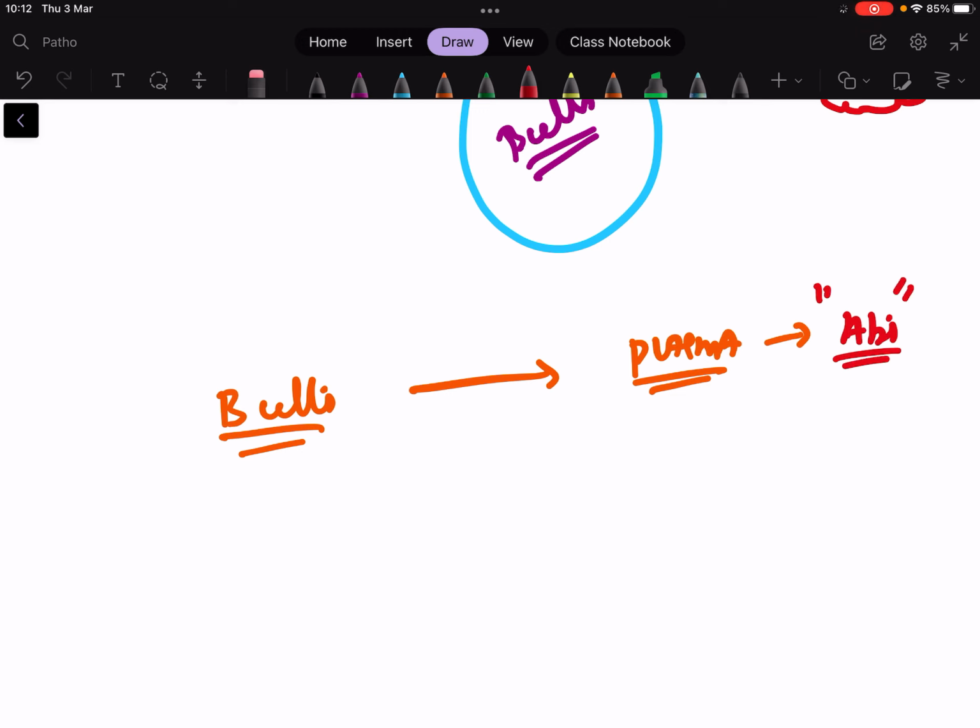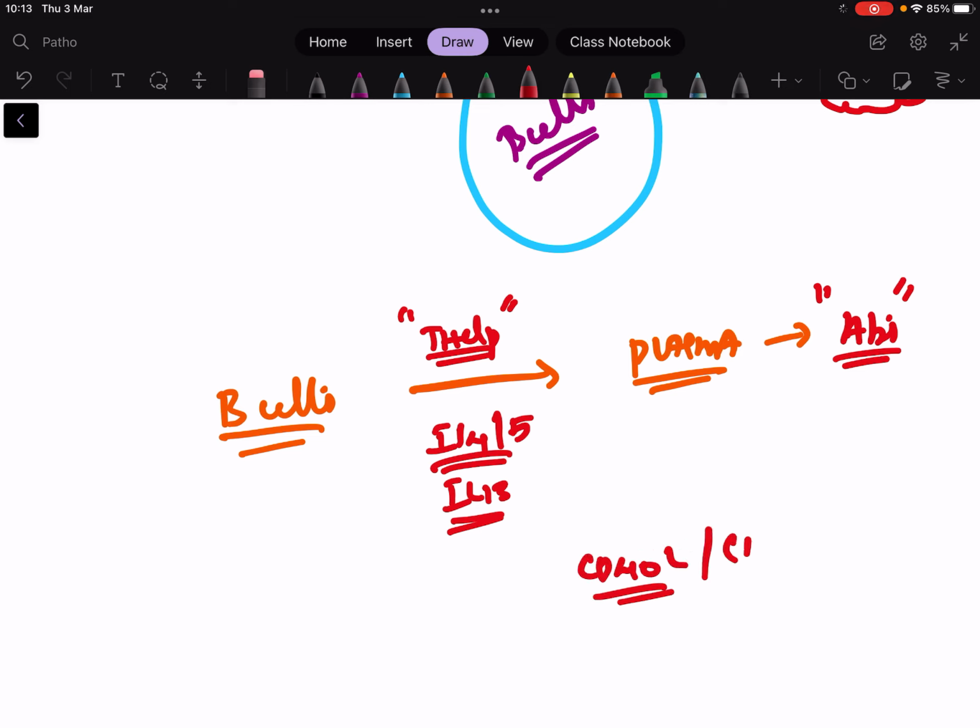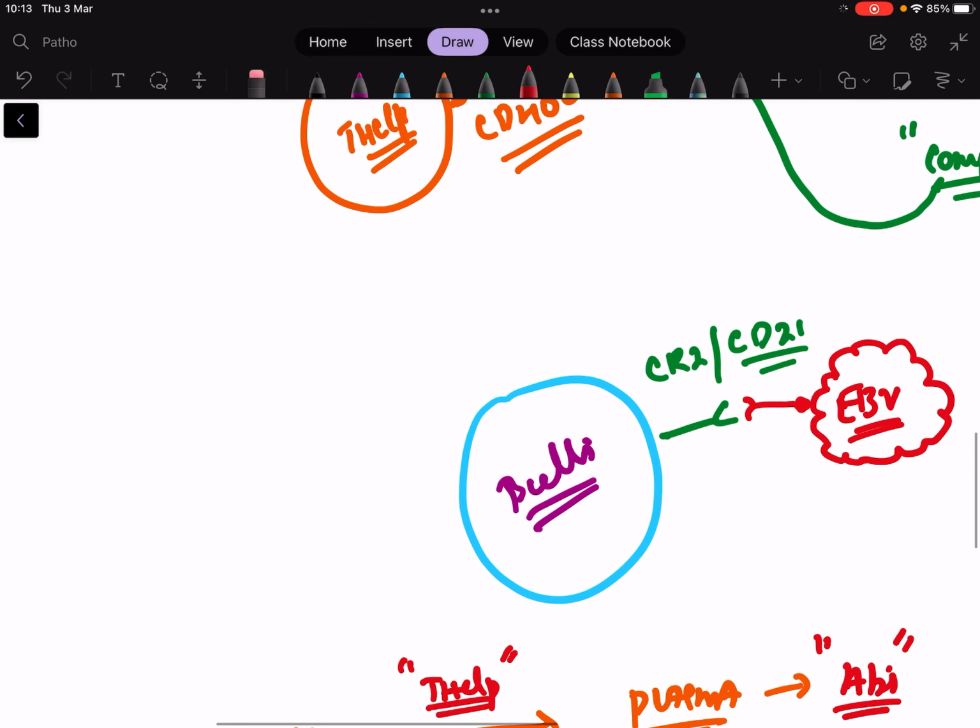The cell responsible here is the T helper cell, by producing interleukin 4, interleukin 5 and interleukin 13, and not only that, by the interaction of CD40 ligand and CD40 receptor activation. So that was about the B cell receptors.